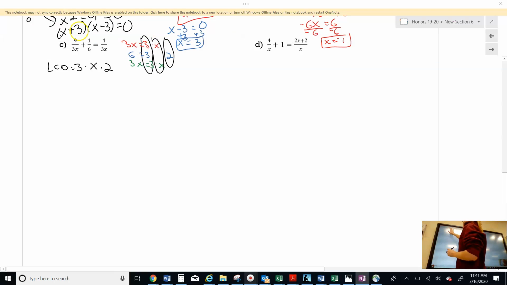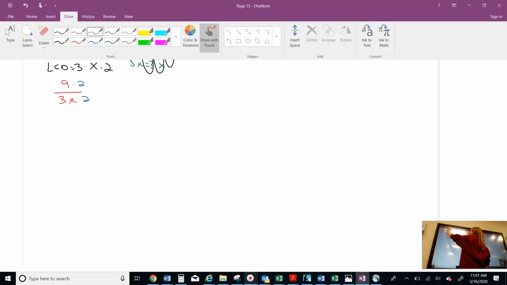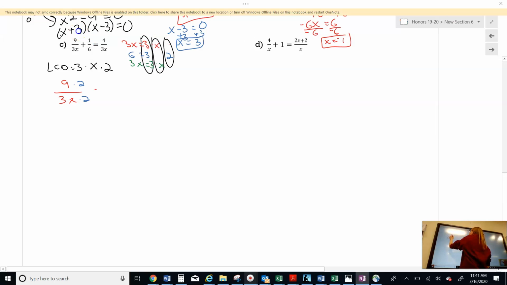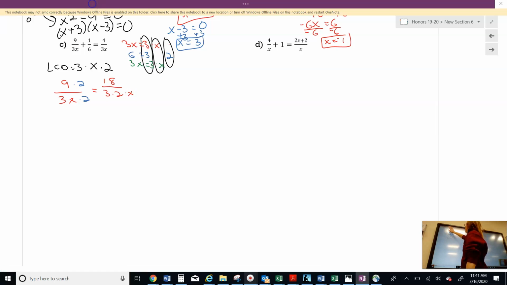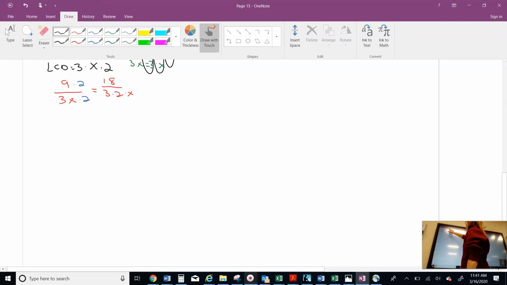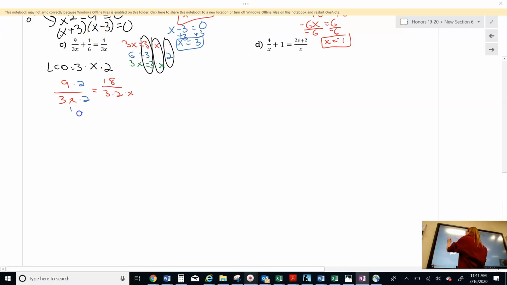So making my fractions all have the same denominator. I'm going to start with my first fraction. I have 9 over 3x, 3 times x, right? And it's just missing that 2. One over 6, which is really 1 over 3 times 2.